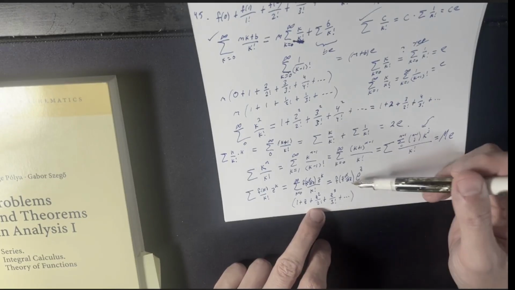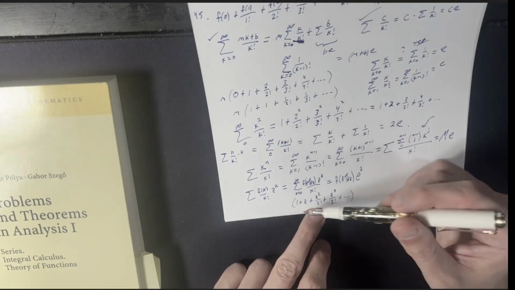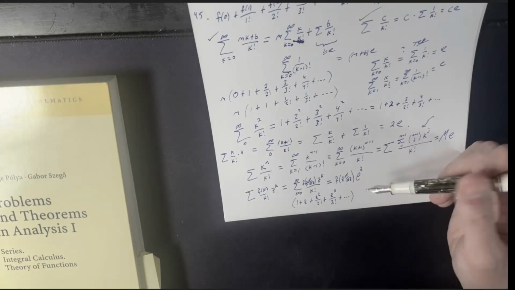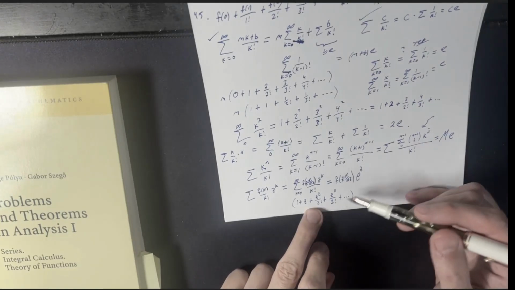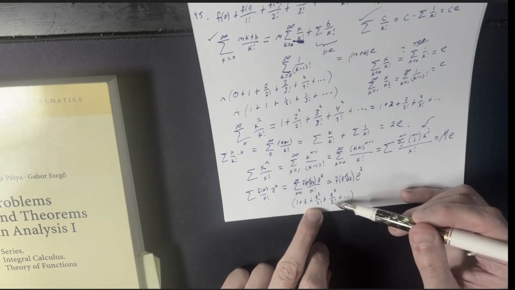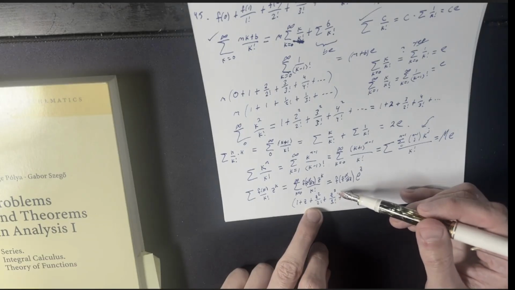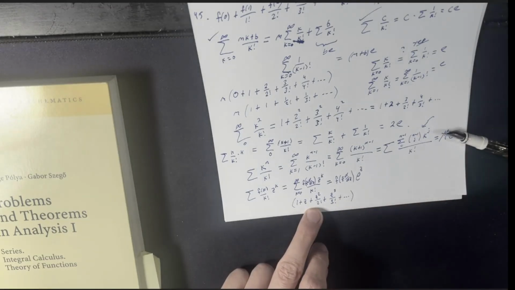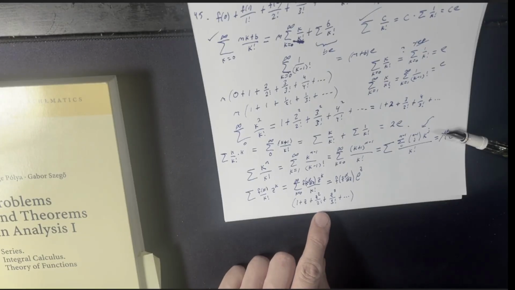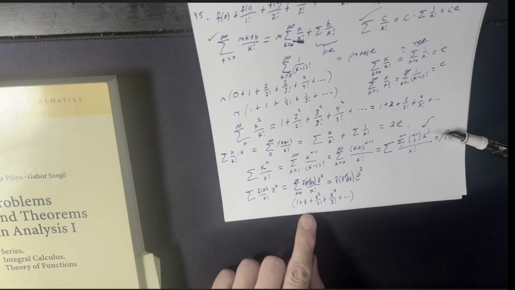I'm differentiating and then scaling it back again by z. So when we do that to e to the z, it somehow doesn't mess it up, right? It gives you 1.